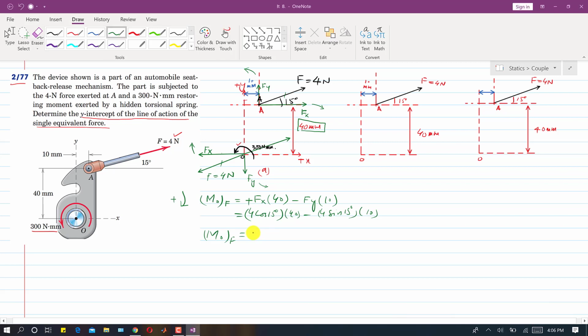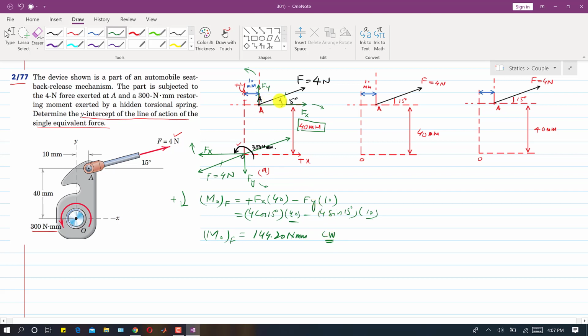So this comes out to be 144.20 Newton mm. Since we have used mm, this is in Newton mm. Since this is positive and we have assumed clockwise is positive, this is a clockwise moment. So I will write clockwise moment, right?